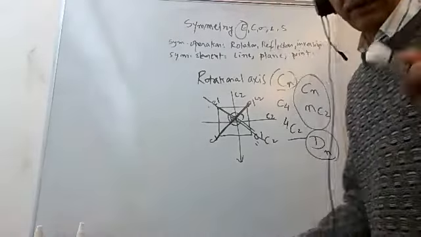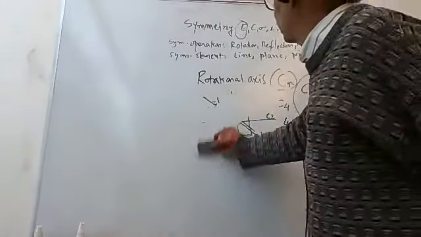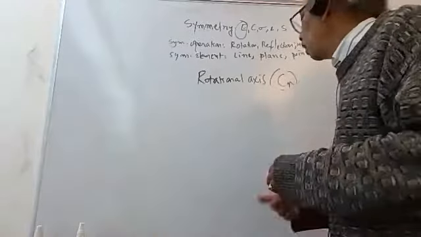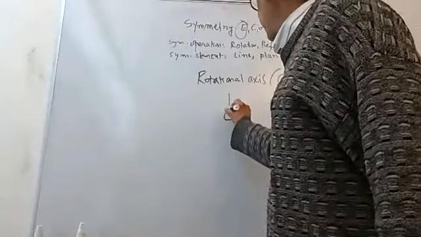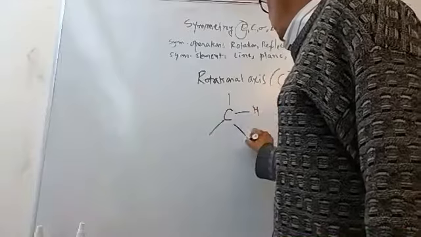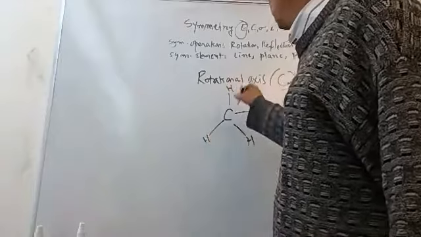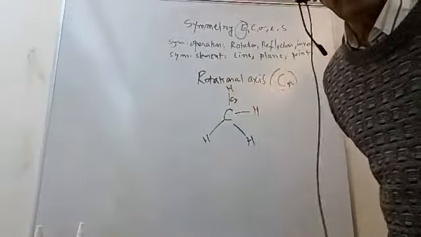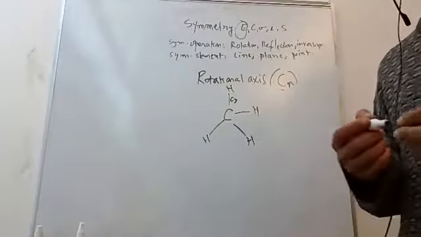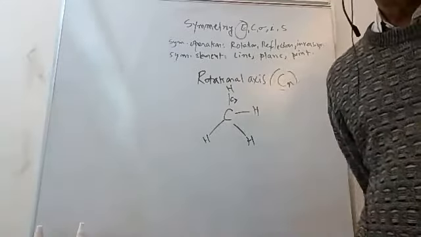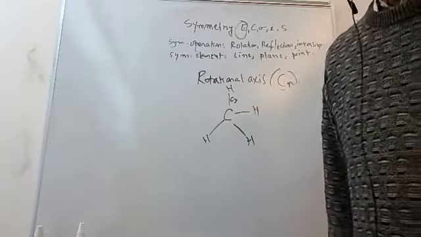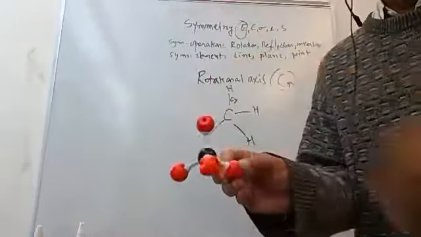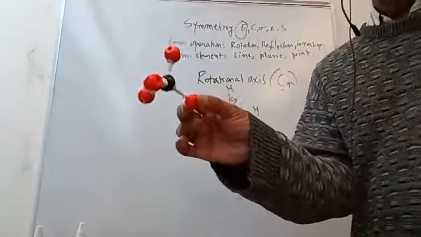But maybe when we're talking about methane, let's go back to methane one more time and then see. We know there are C3s, right? Each CH bond is a C3. Does it have any C2? Here is your methane molecule. Does it have a C2?